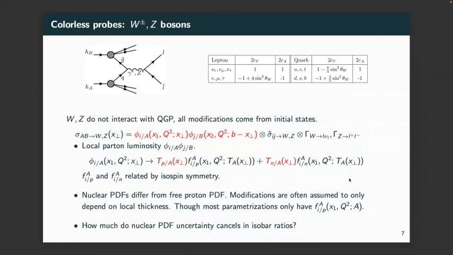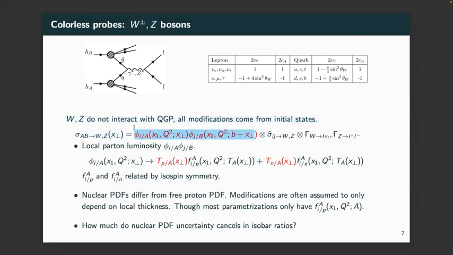Okay, that's for the colorful probes. There's another class of probes that's also very interesting. It's the colorless probes, including photons and W and Z bosons. The nice thing is that they don't interact with the QGP. So in this formula, all of the differences from your expected reference can only come from initial state effects in this case.